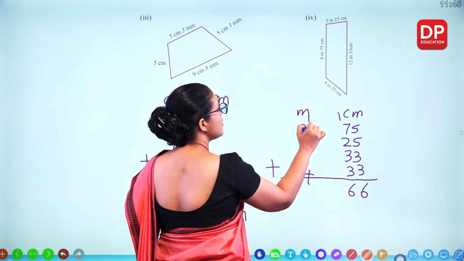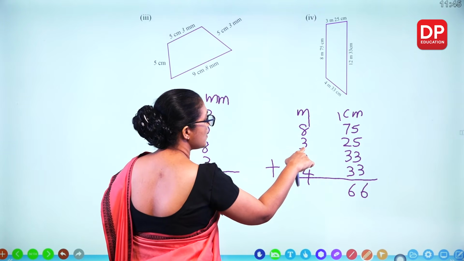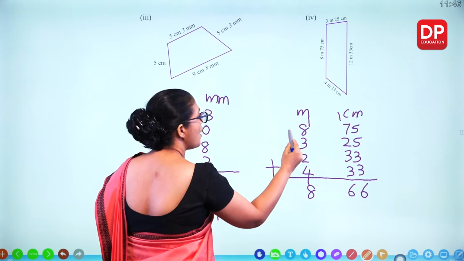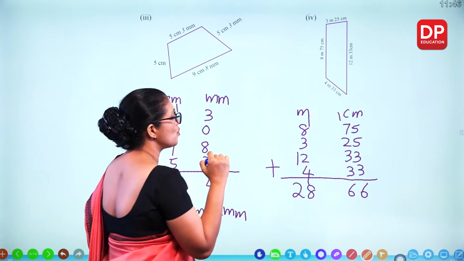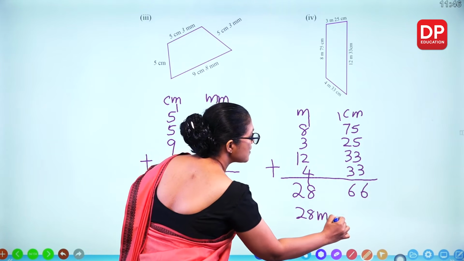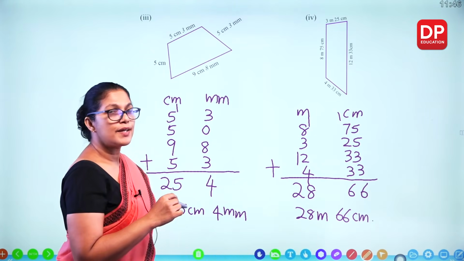And take 1 here. 9. 9 plus 3, 12. 12 plus 2, 14. 14 plus 4, 18. 1 there. So that becomes 2. So 28 meters and 66 centimeters is the perimeter of this figure.